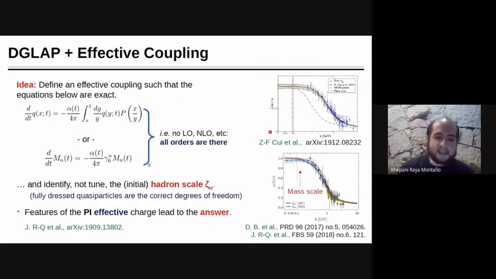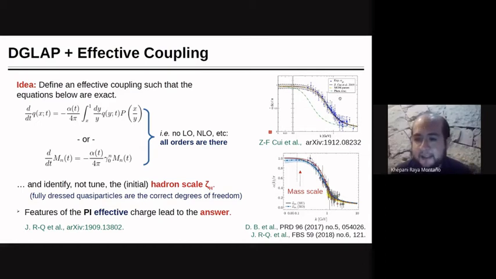At the same time, we want to identify at which scale the valence picture, again in which the fully dressed quasi-particles are the correct degrees of freedom, is the correct picture. Fits of the process-independent effective charge can give you the answer.